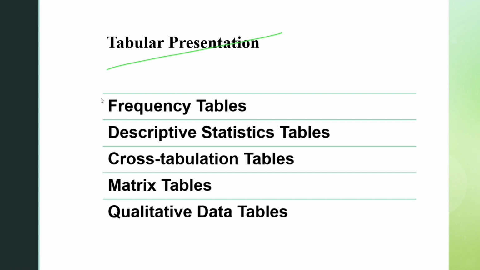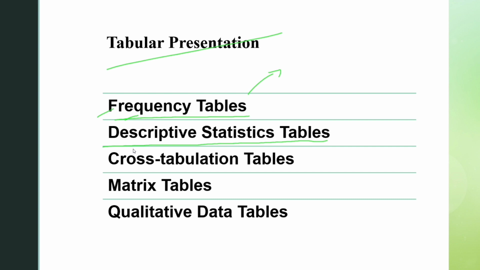Then tabular presentation. So tabular presentation like the frequency table. The frequency table summarizes the categorical data by listing the categories and their corresponding frequencies or percentages. And it is also useful in providing an overview of the distribution of categorical variables.